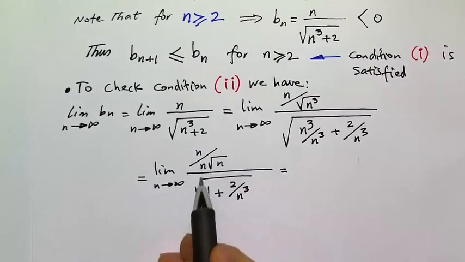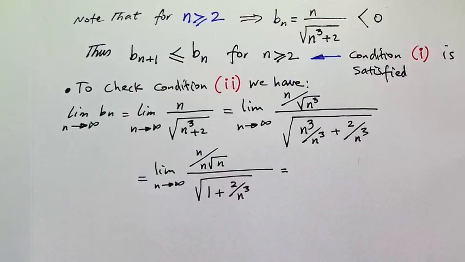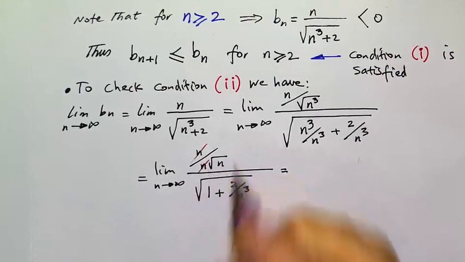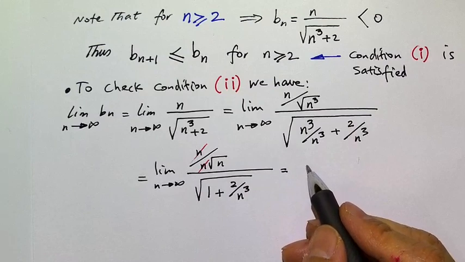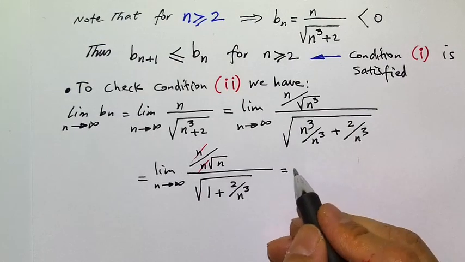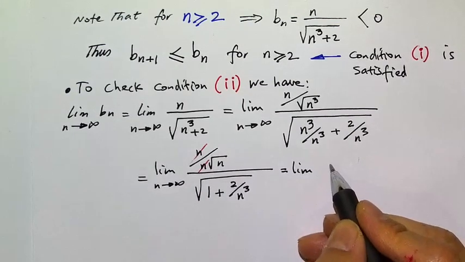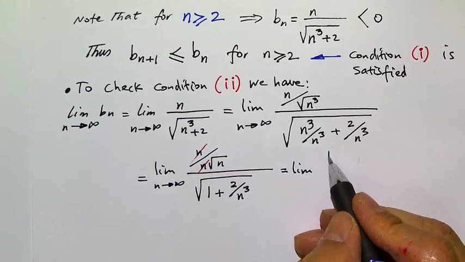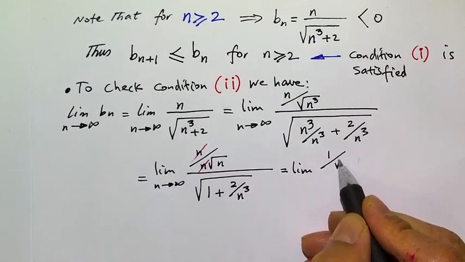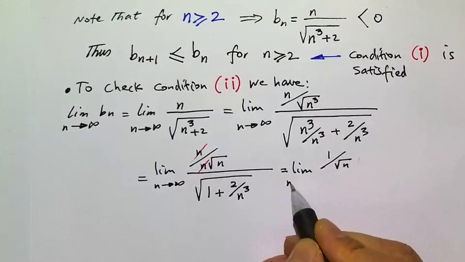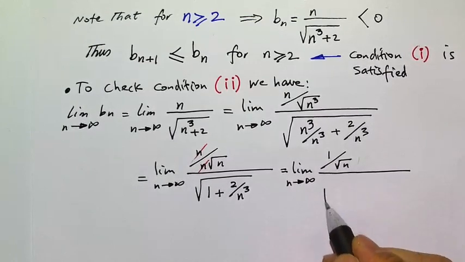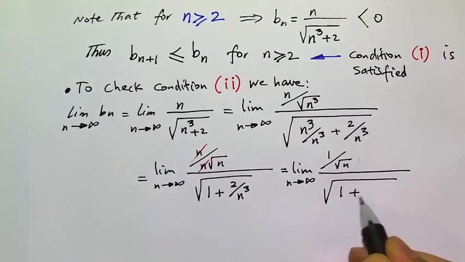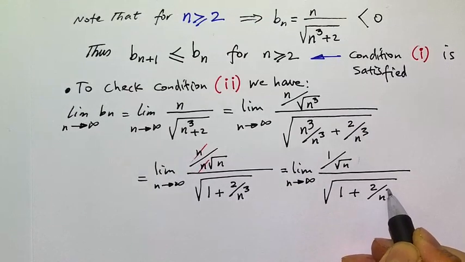Well, before that, we should simplify this, right? Because these two cancel out. So let me put another step here. I will just write it here. The limit of 1 over the square root of n, of course, as n goes to infinity, divided by the square root of 1 plus 2 over n cubed.